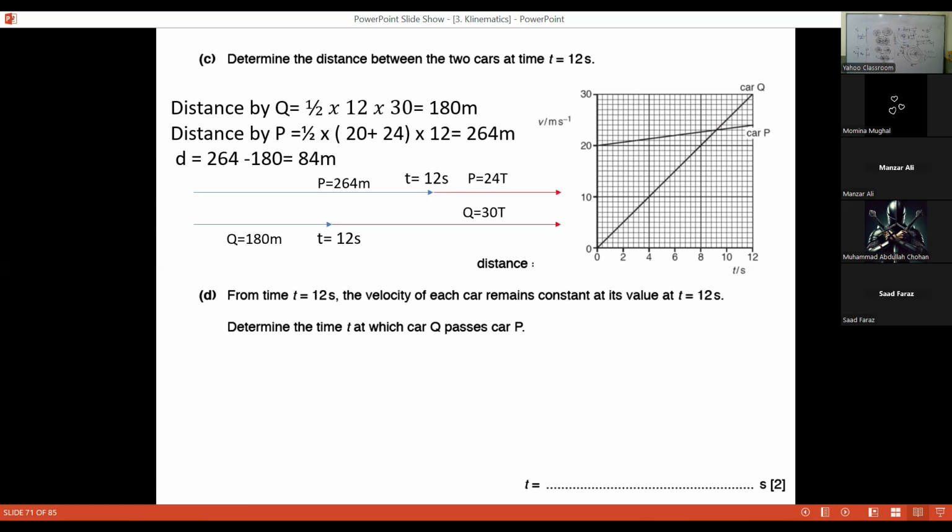That is, for example, P की स्पीड कम है तो वो ऑनवर्ड जो डिस्टेंस ट्रेवल करेगा वो 24t करेगा, जबकि Q जो ट्रेवल करेगा वो 30t करेगा.